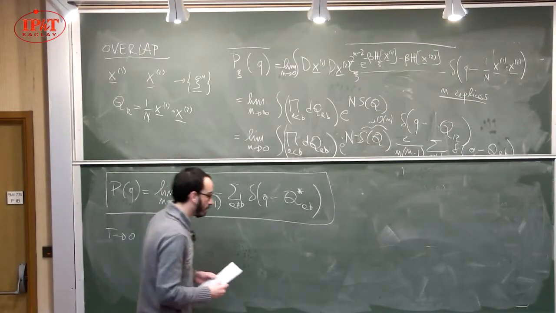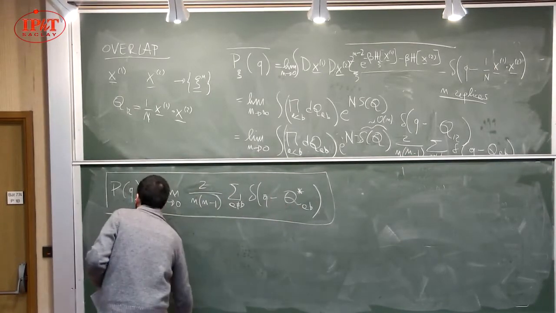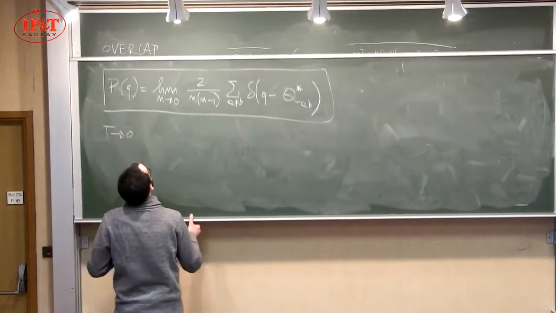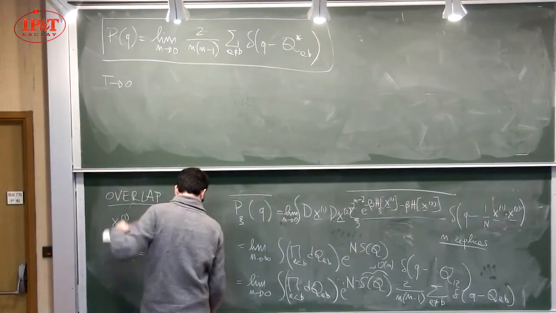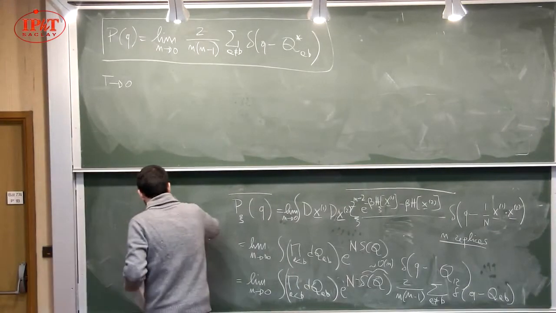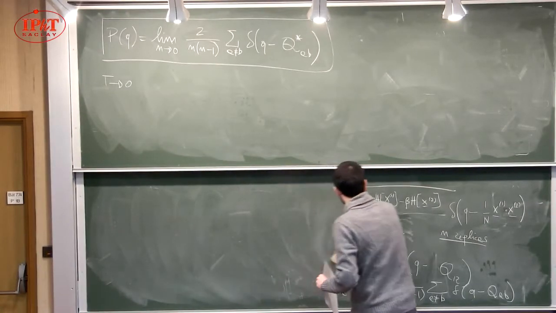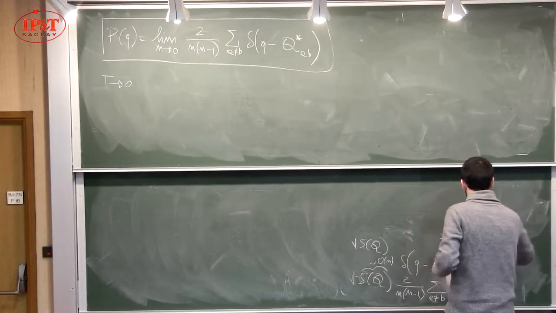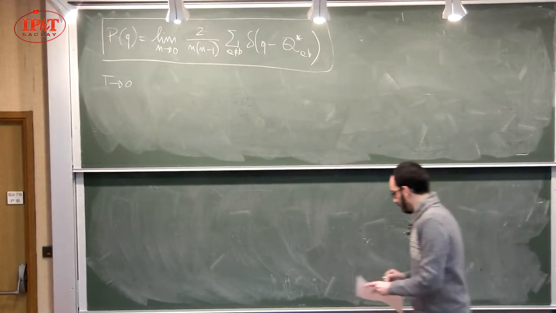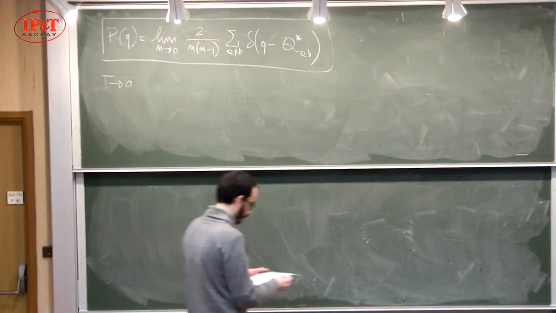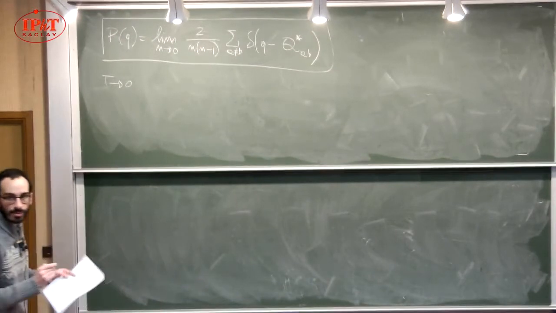And now let's go back to the real problem, how to find the saddle point solution for Q. As I told you, finding the saddle point solution is a hard problem.